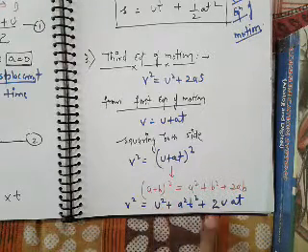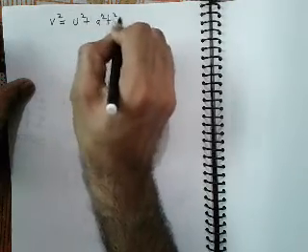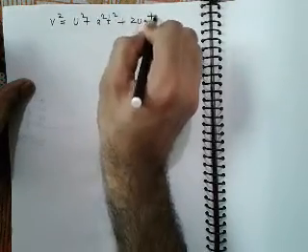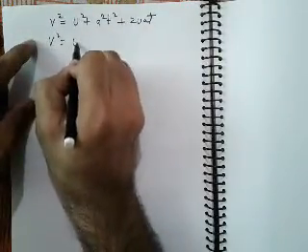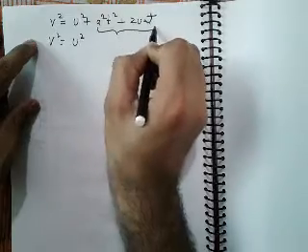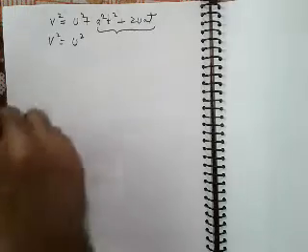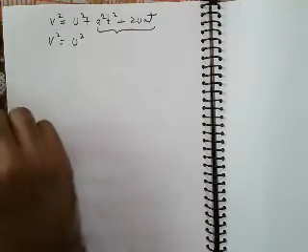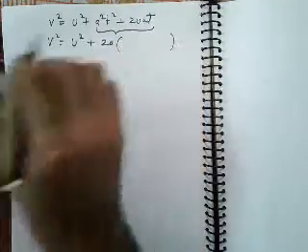Just remember this line. I am going to the next page. What we got? v square is equal to u square plus a square t square plus 2uat. Just leave this u square and try to take out 2a as common, forcefully, from the last two terms.